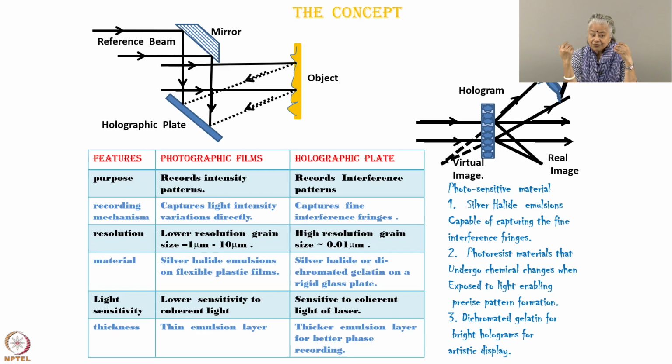Try to recollect the interference fringes that we talked about before. In that, think about finesse and resolution. We are looking for better and better finesse, better and better resolution. So you are able to get a good interference pattern with good finesse and good resolution, but you are unable to record it, just because your recording plate, the holographic plate, doesn't have the chemical grain size that is really required to record these fine fringes.